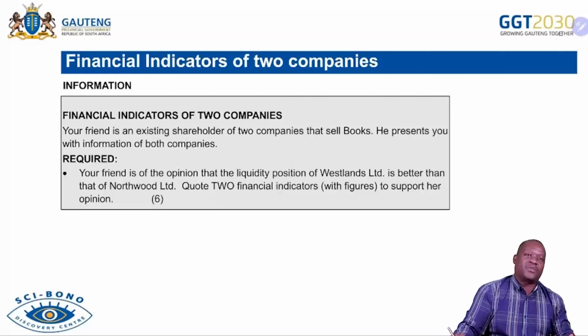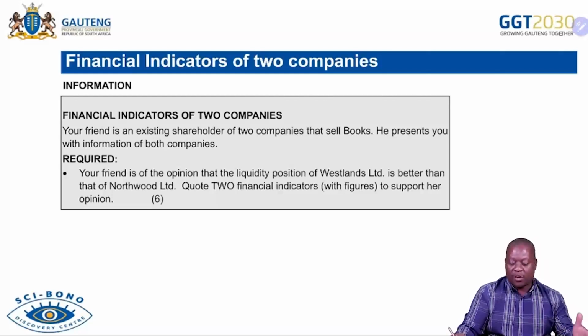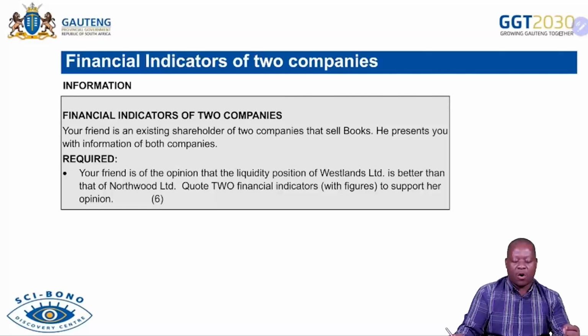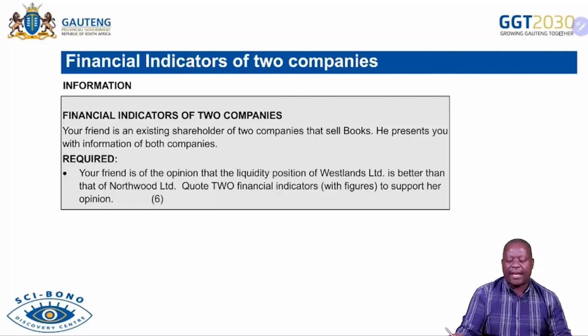The first thing that you are required to do is, your friend is of the opinion that the liquidity position of Westlands Limited is better than of Northwood Limited. Quote 2 financial indicators, remember always with figures, to support her opinion.